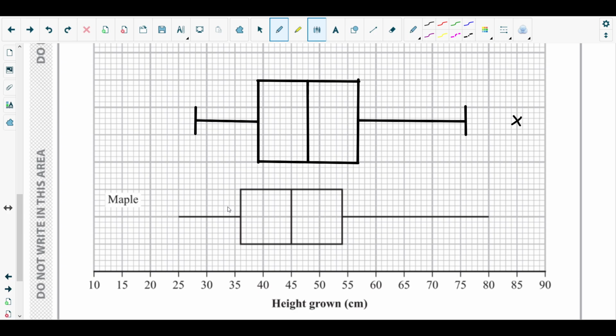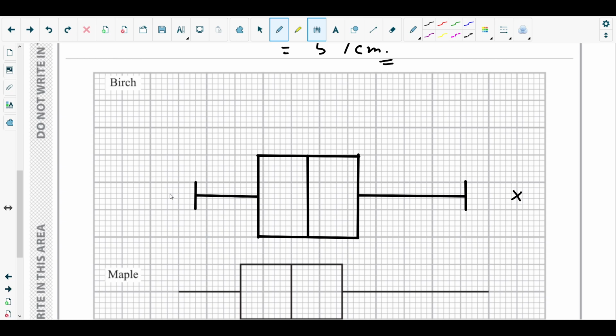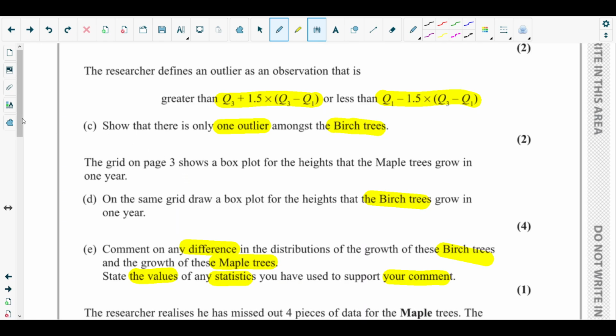So we can say that on average, birch trees have taller heights, or greater heights, than maple trees, since the median of birch trees is greater, that is 48 centimeter.